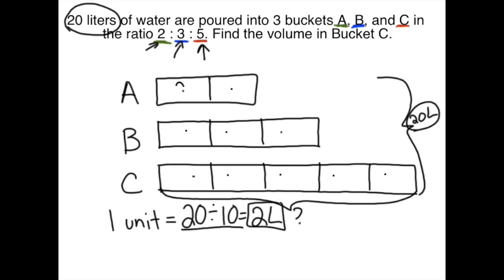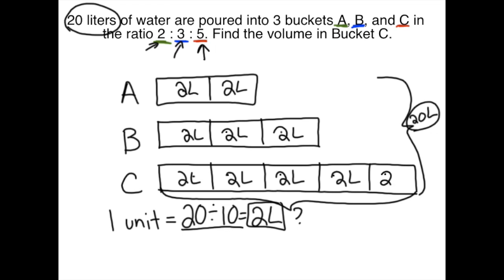Now that's just what's in each box. So if I know that each unit is 2 liters, I'm then able to figure out what the quantity of bucket C is. Bucket C is going to be 2 times 5 because I have 5 units. So C equals 2 times 5, which equals 10 liters.